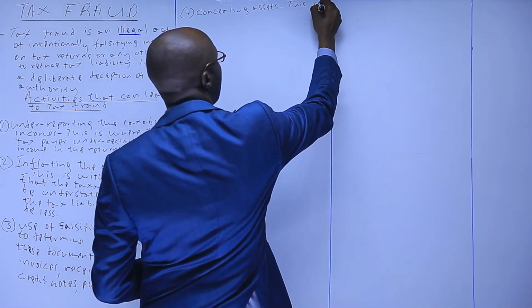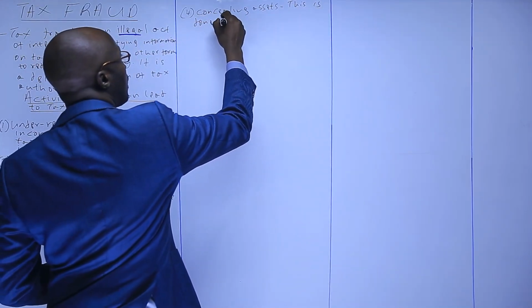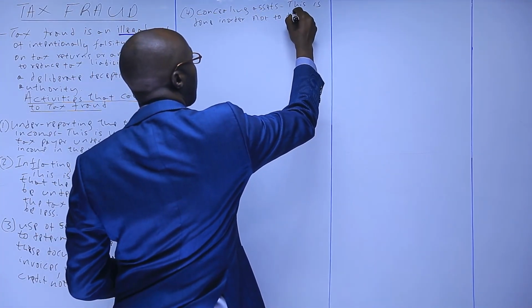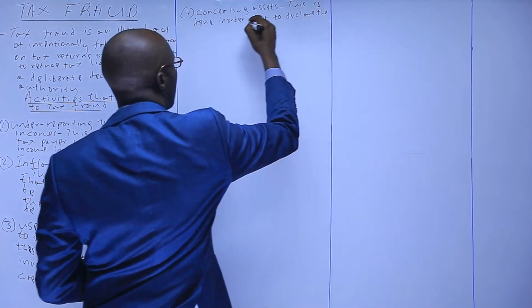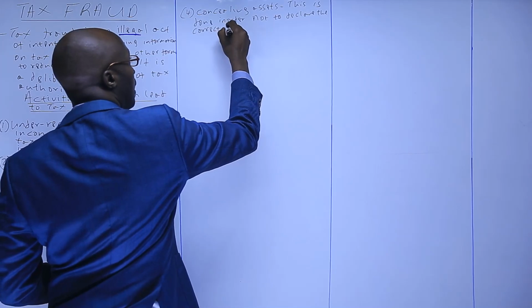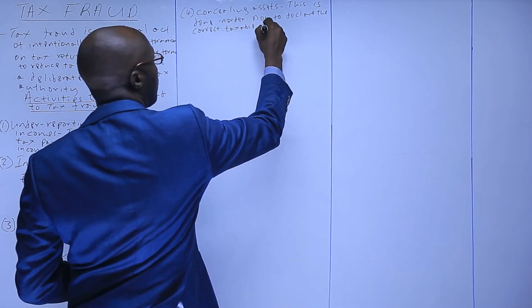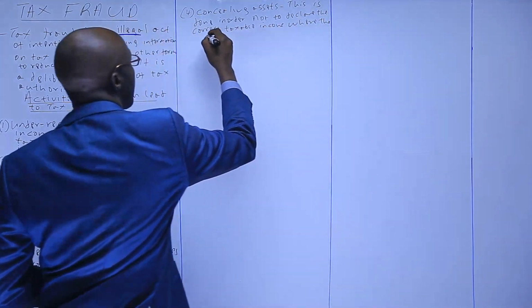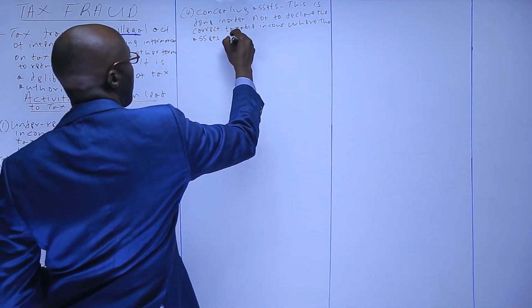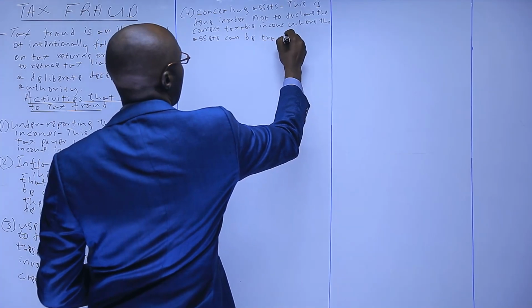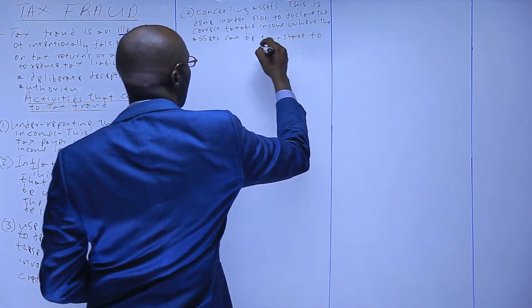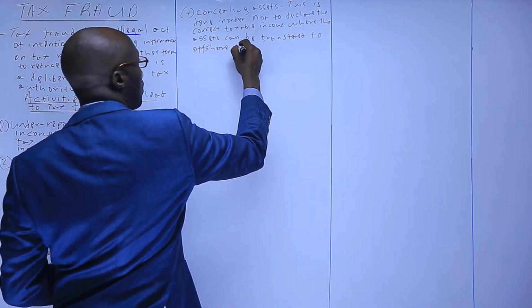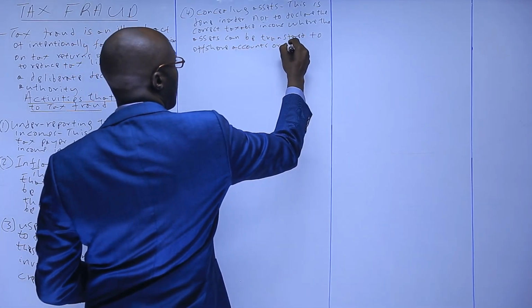And this is done in order not to declare the correct taxable income, where the assets can be transferred to offshore accounts or tax havens.